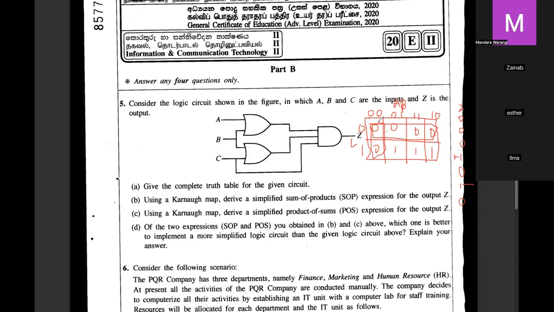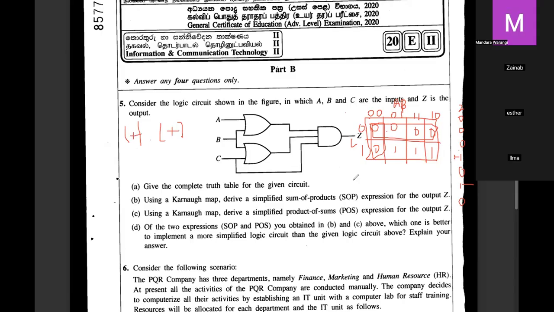After you have grouped like this, it is a product of sums. Product of sums means there is an addition, and within the addition there is multiplication. Additions are combined by multiplications.